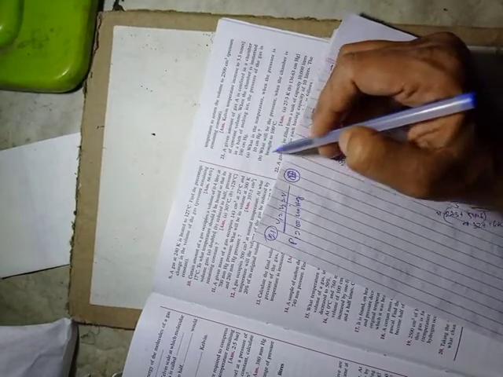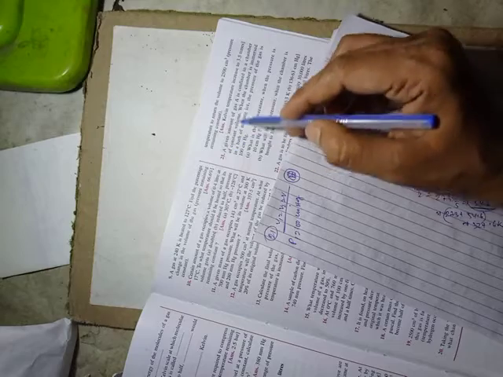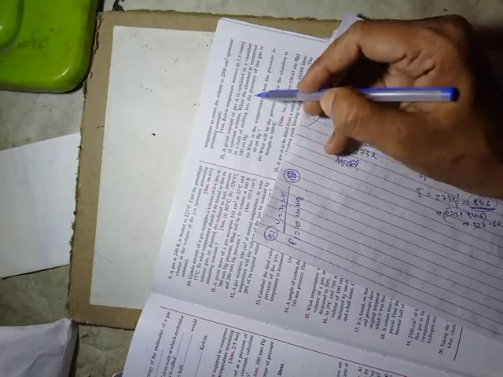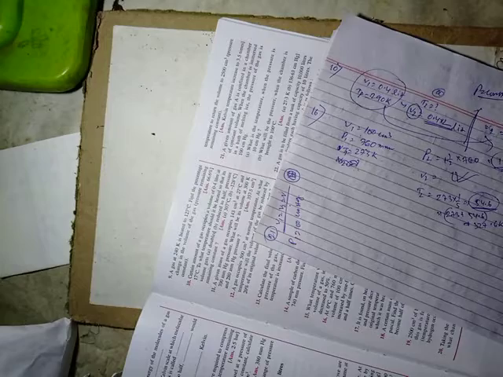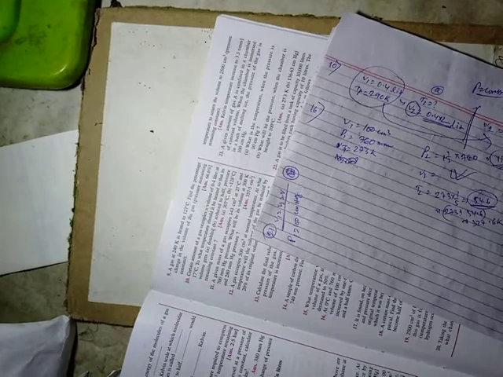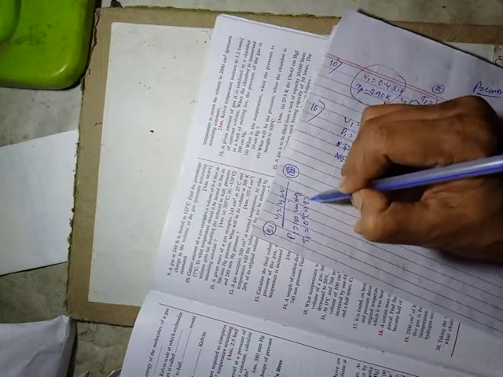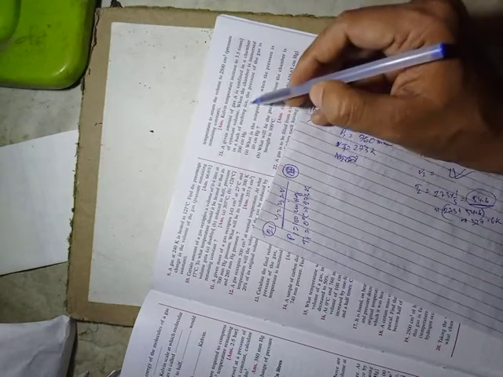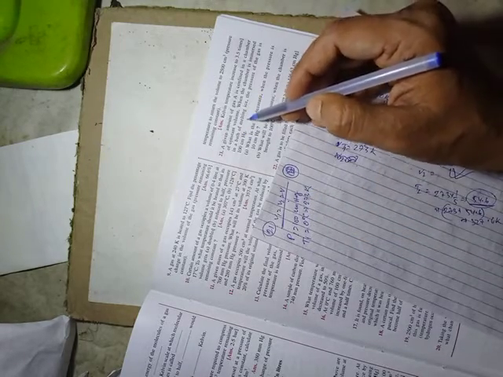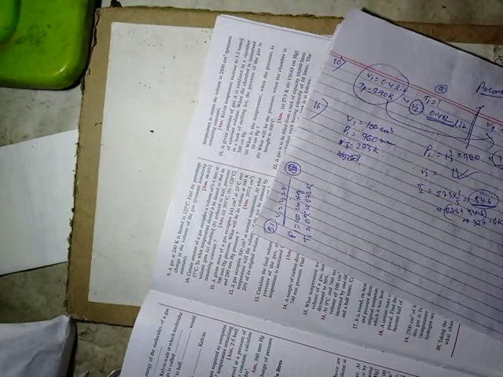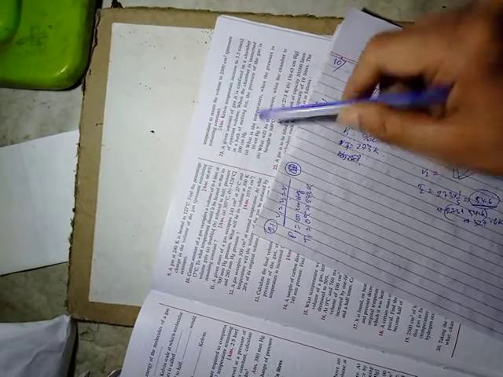So we will take the initial temperature as 0 degree centigrade or 273 Kelvin, because a bath of melting ice means 0 degree centigrade. By reading the question you need to understand what the temperature will be.